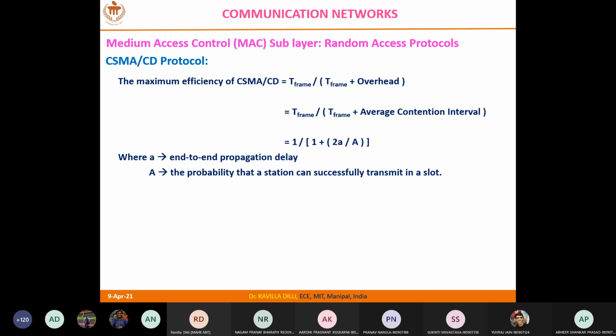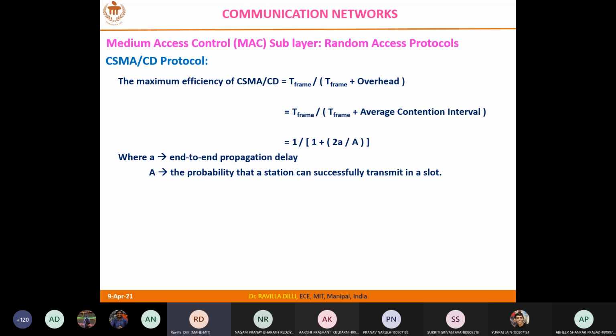So this is the efficiency, the maximum efficiency of CSMA-CD is T frame by T frame plus overhead. So this you need to understand. The overhead is the average contention interval, because we don't know how much time you need to wait to get success.